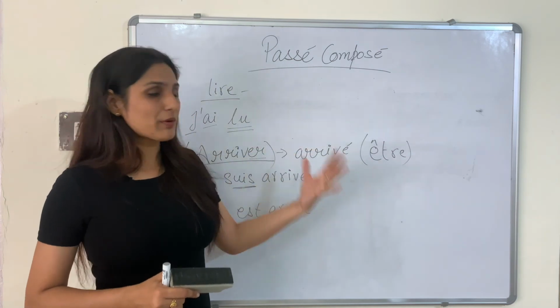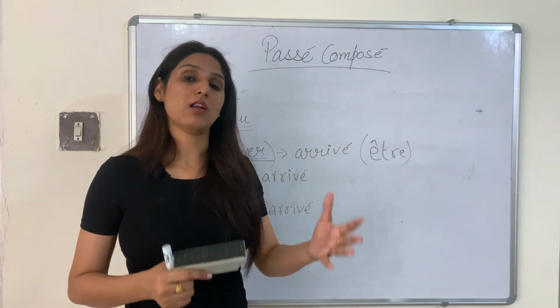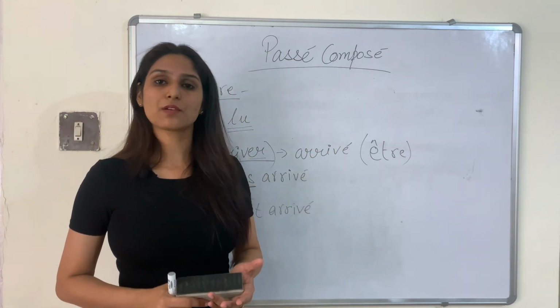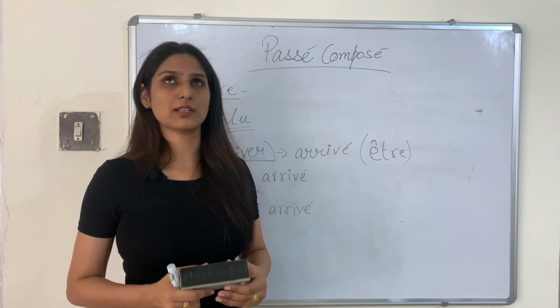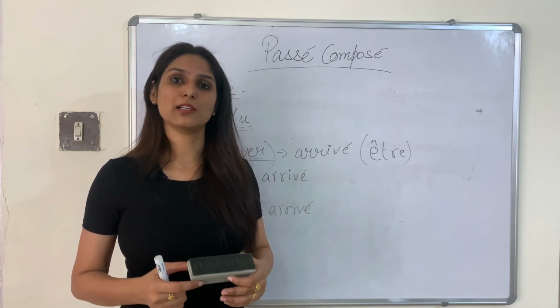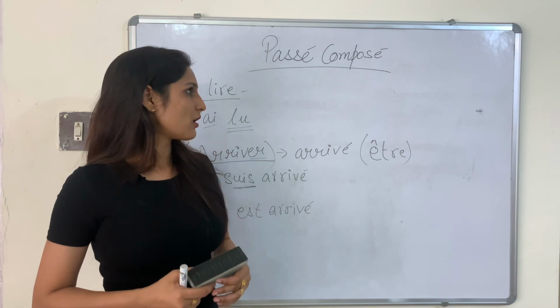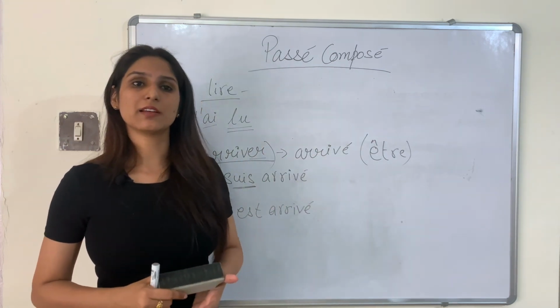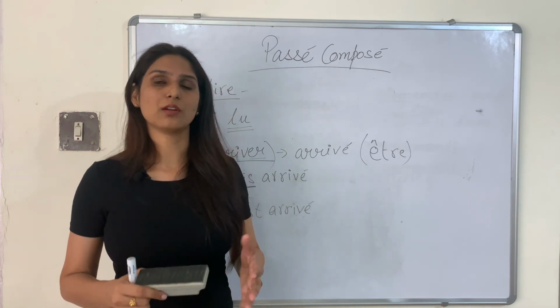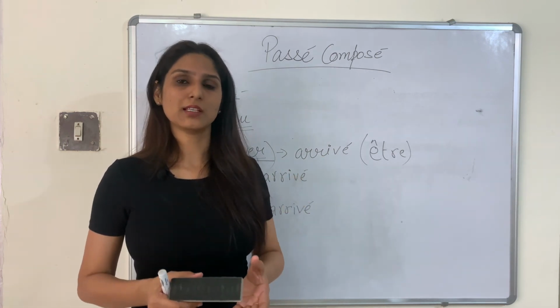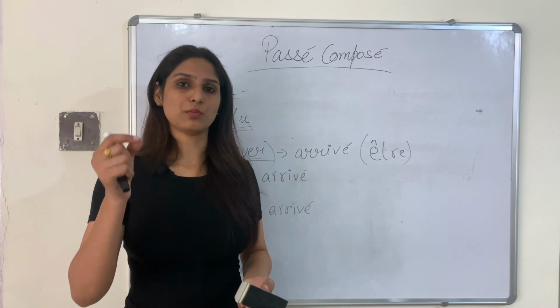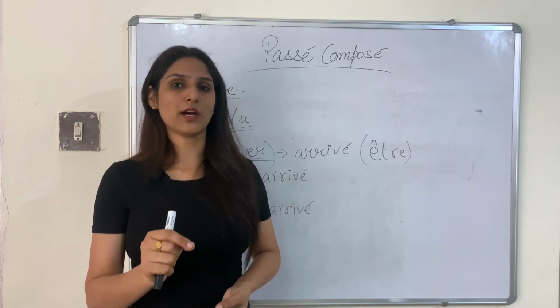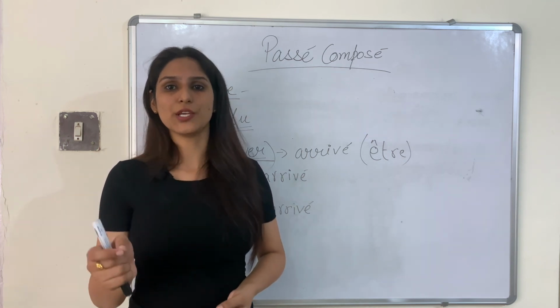So do practice passé composé a lot. Françaisfacile.com is a site where you can practice while solving some exercises. So do a lot of practice, and yes, I will be leaving all those 24, not all, but whatever I could find, the verbs which use both être and avoir in passé composé, and the meaning is changed.